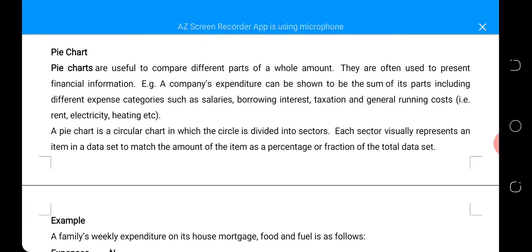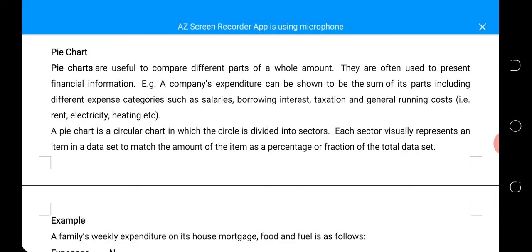Another way of representing our data graphically is through the use of pie charts. Pie charts are useful to compare different parts of a whole amount.